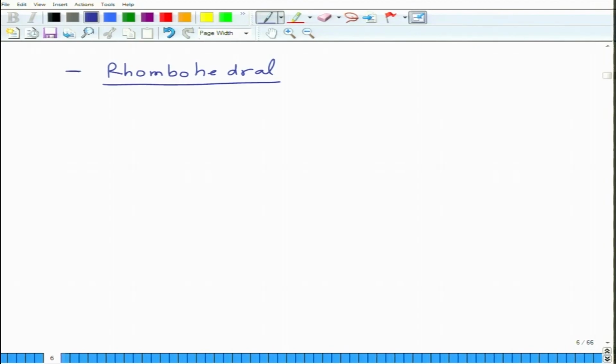What happens in the rhombohedral system is a is equal to b is equal to c, but alpha is equal to beta is equal to gamma, and they are not equal to 90 degrees. So, this is what makes a rhombohedral system.